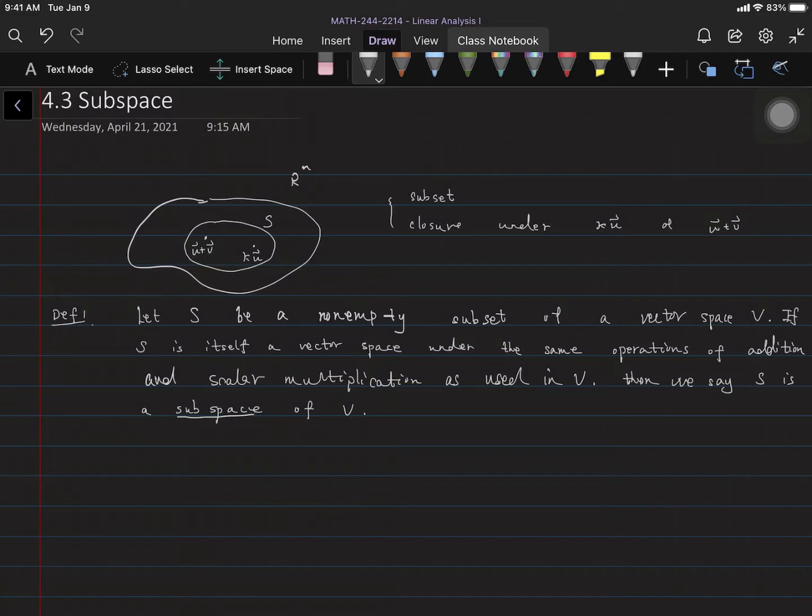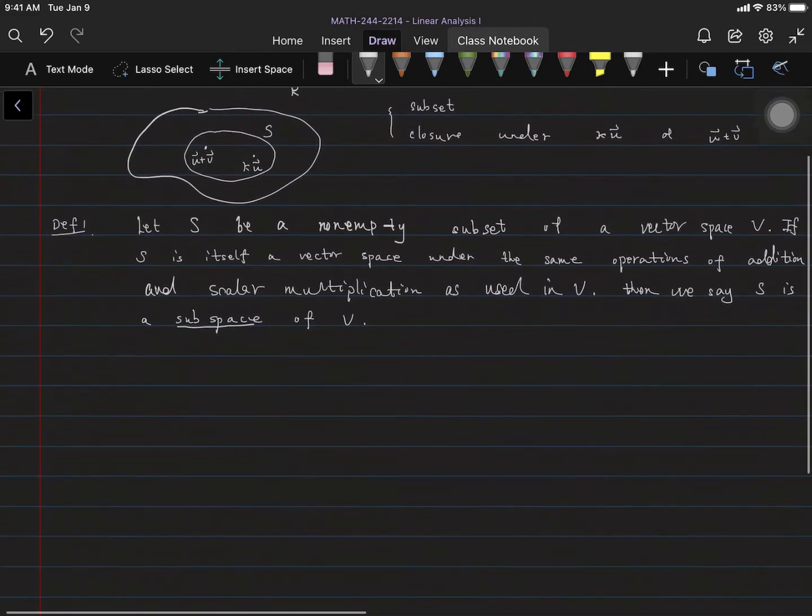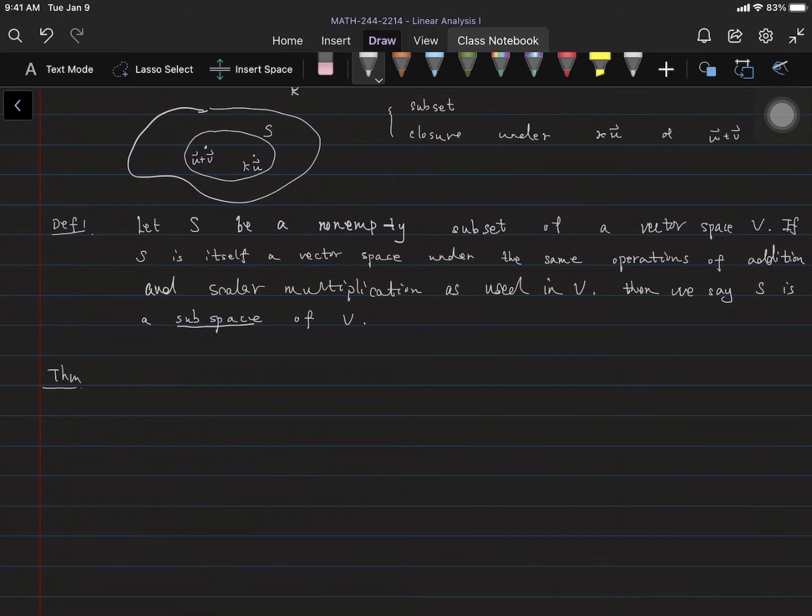Okay, so let's take a look. There is a theorem. The theorem says S is a subspace of V if and only if S is closed under addition and scalar multiplication.